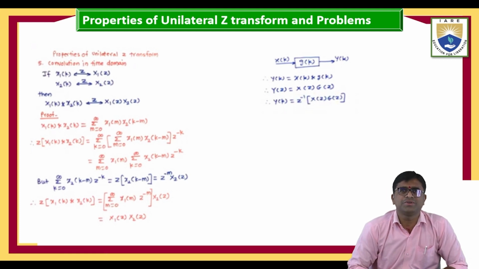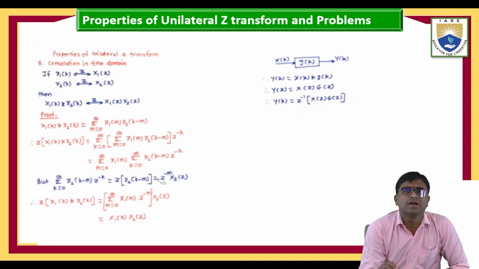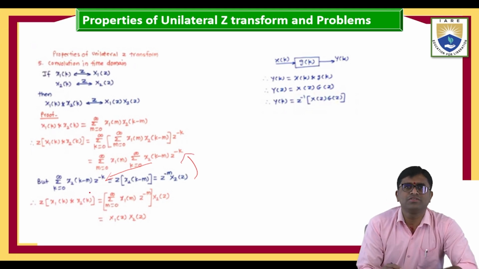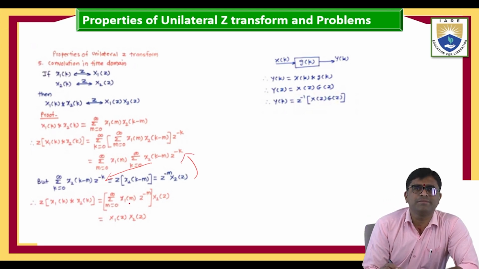So substitute this into the above equation. What happened? The summation for m equal to 0 to infinity of x1 of m into z power of minus m into x2 of z.